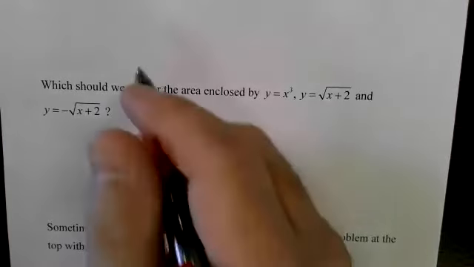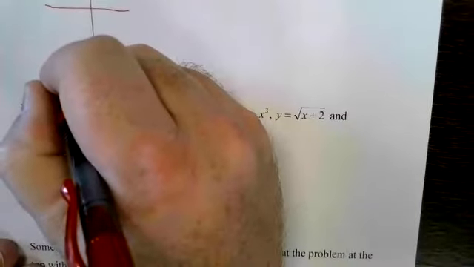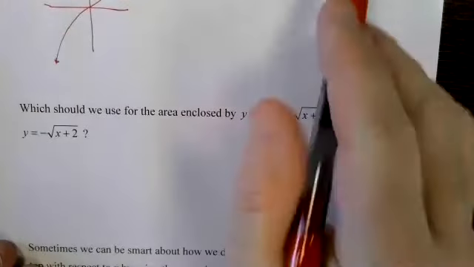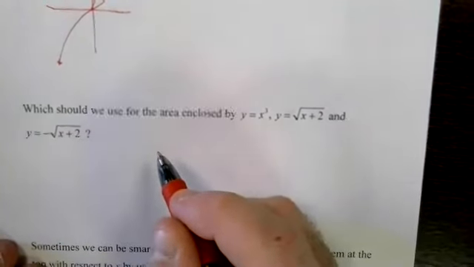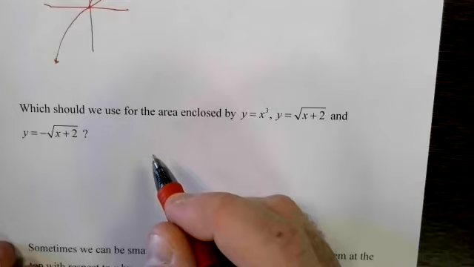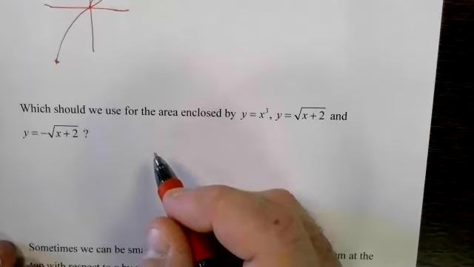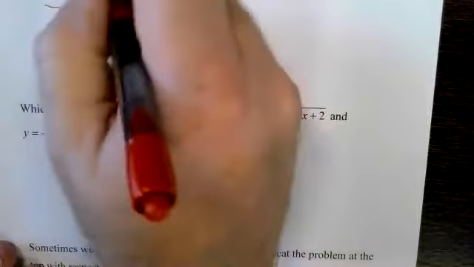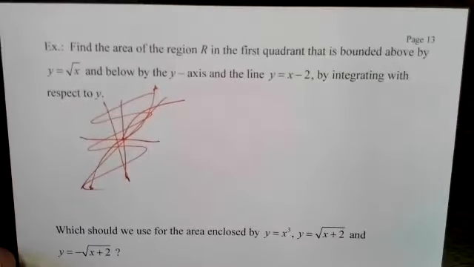All right, so y equals x to the third, first quadrant, and bounded above by y equals square root of x, and below by the y-axis, and the line y equals x minus 2. Where did I get this cube root thing? I must be reading the wrong question. I was reading down here, oops, because I was down too far.